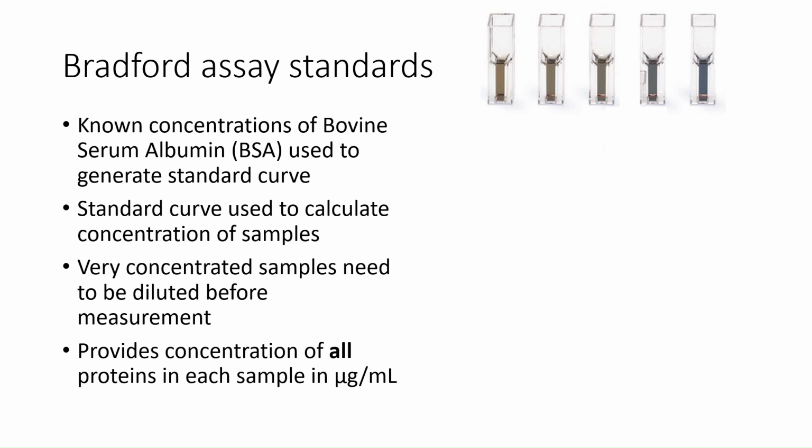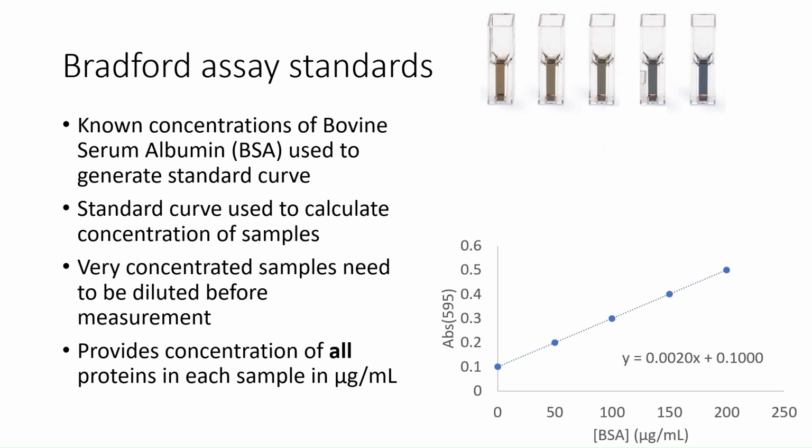So let's look a little bit at what a standard curve might look like. Here we have on the x-axis our concentration of BSA, and we make that by using BSA in a concentrated stock solution of which we know that concentration, and then we prepare 5 different known concentrations of BSA.